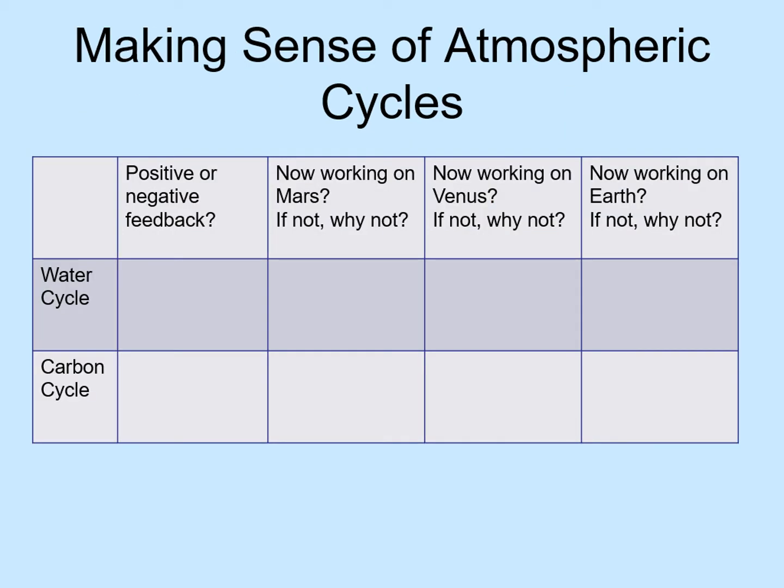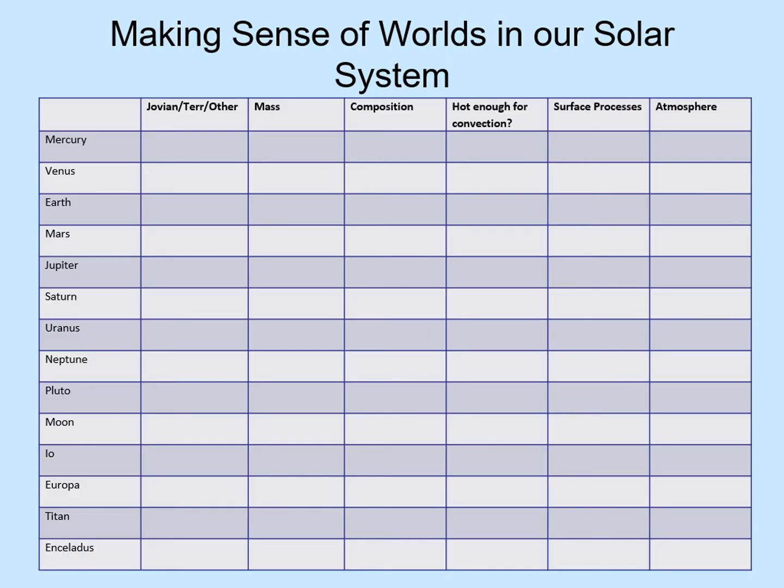Here's a short making sense table to help you put together what we've just covered on cycles in terrestrial planet atmospheres. Now we can fill in the last column in our table of worlds in our solar system. Review the material we've covered to fill in the description of the atmospheres.